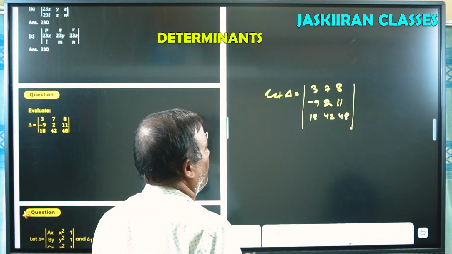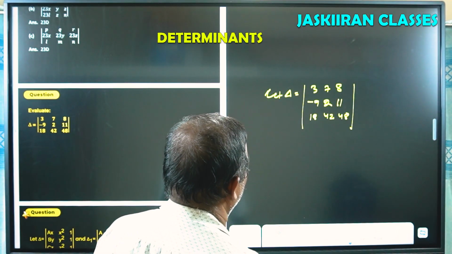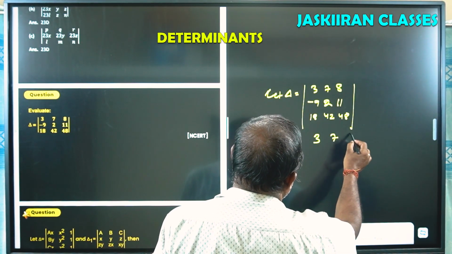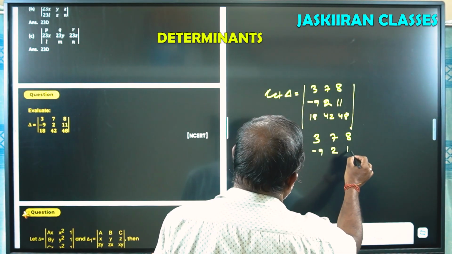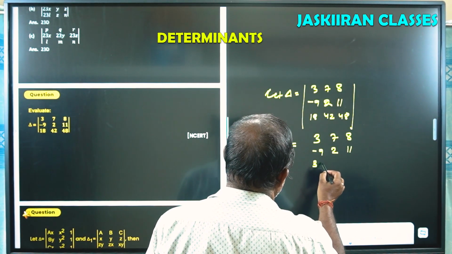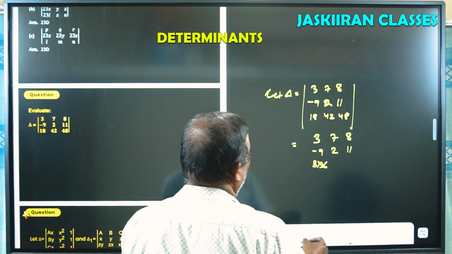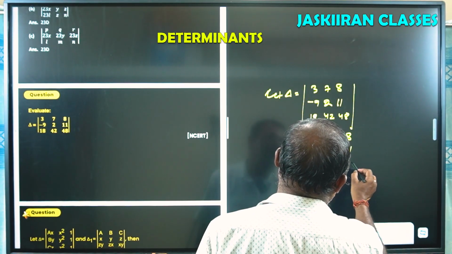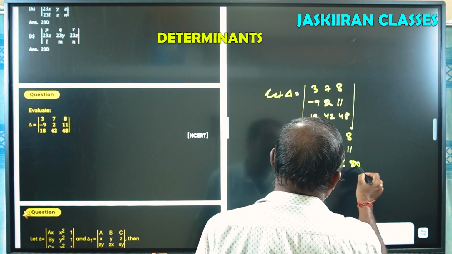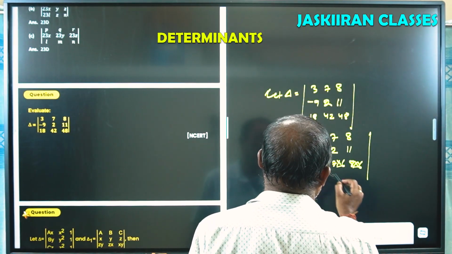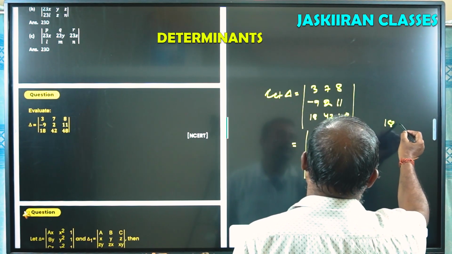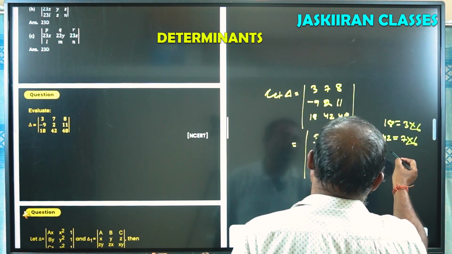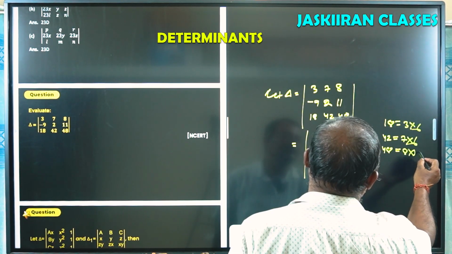Here 18 is converted as 3 into 6, 42 is converted as 7 into 6, and 48 is converted as 8 into 6.